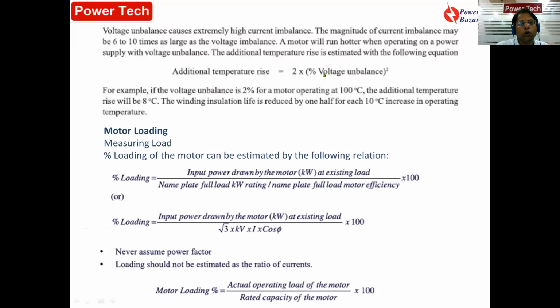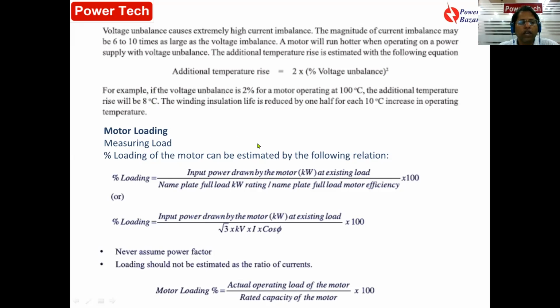It will be 2% squared, which is 4, so 2 into 4 will be 8 degrees centigrade. This is a simple empirical formula you can remember. And when voltage imbalance is there, because of the temperature rise, the winding insulation life also deteriorates. Because insulation life deteriorates, the circuit fails and there are more chances of a short circuit, so voltage imbalance should not be there.